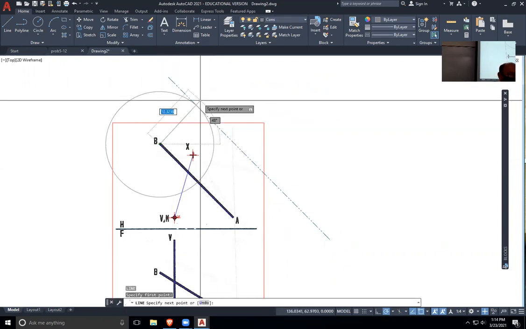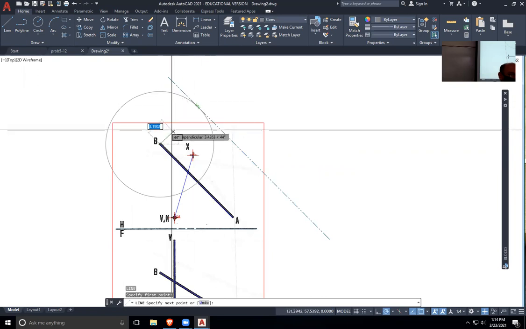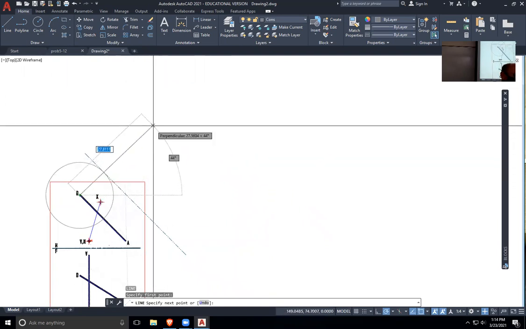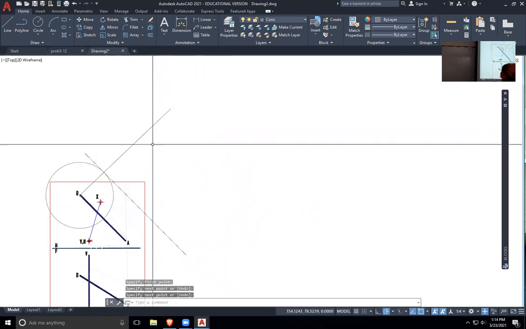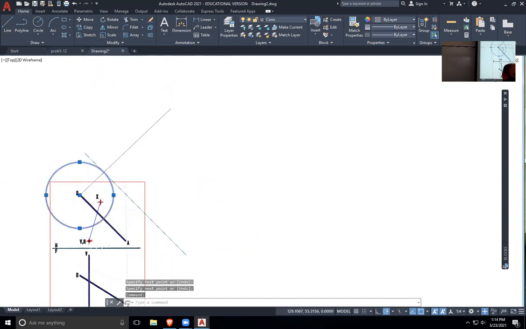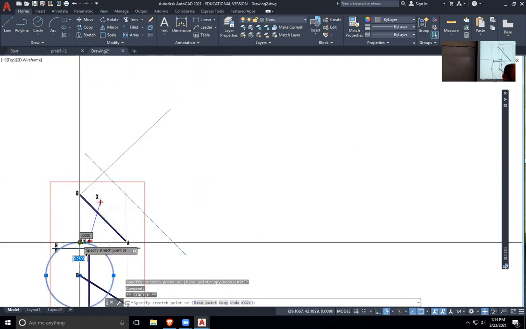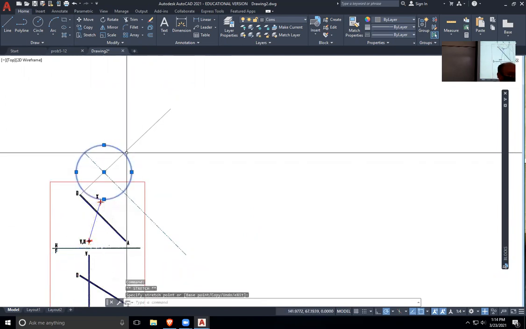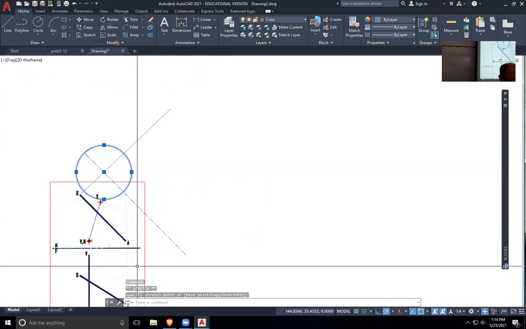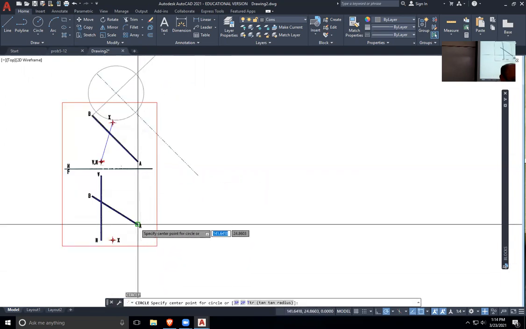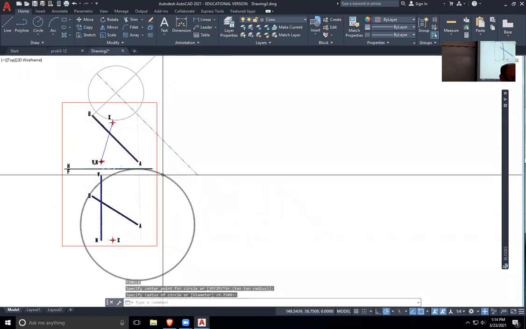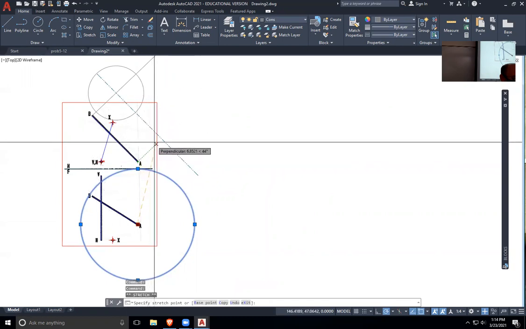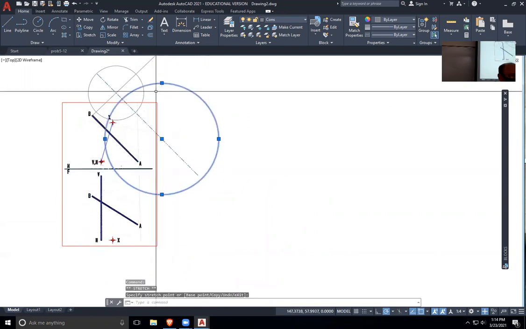Let me get my perpendicular out here. Let's move this over to point B, and then move that to there. There we go. So that is point B. Point A.